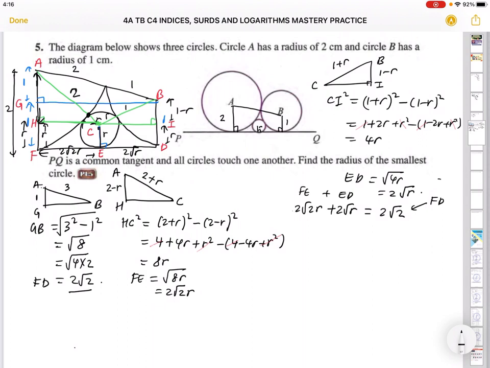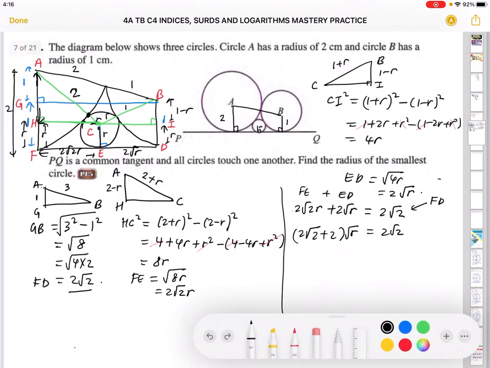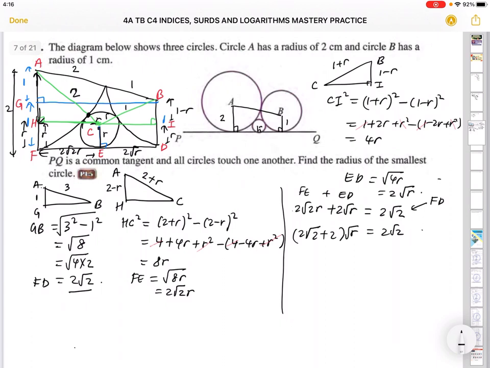So we can factorize (2 root 2 plus 2) bracket R root R equals to 2 root 2. Now before you rationalize the denominator, we can just divide by 2. So when I divide both sides by 2, I will get root 2 plus 1, and this is root R, this is just root 2.